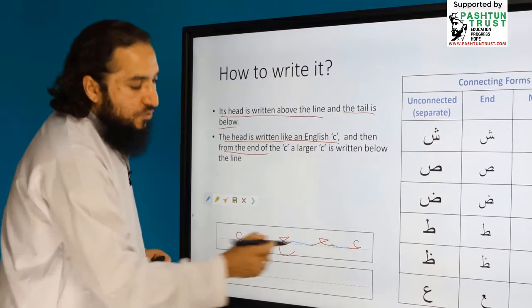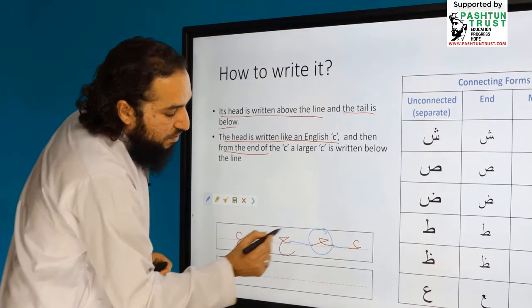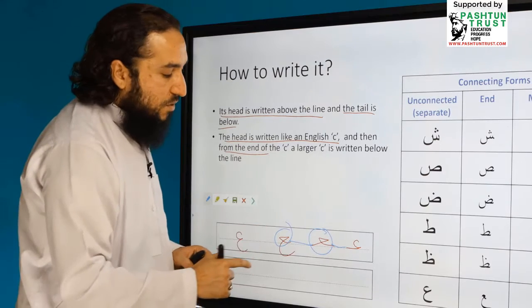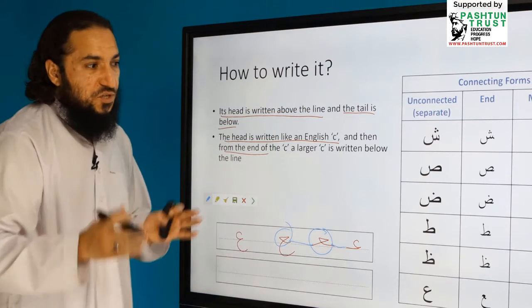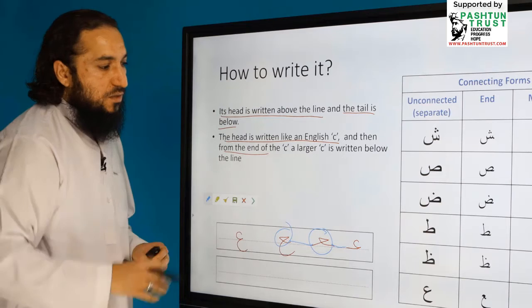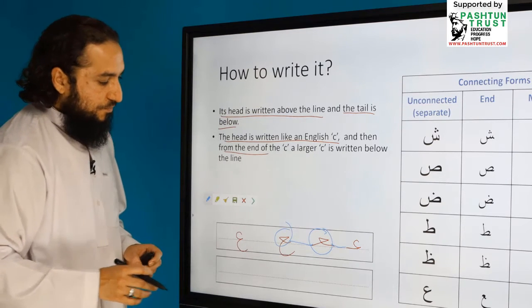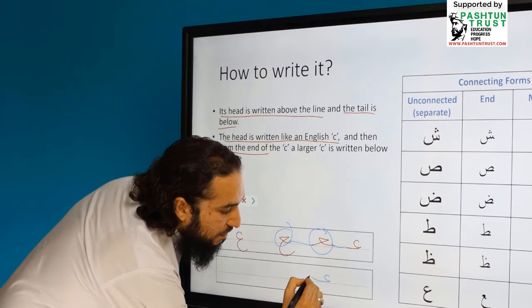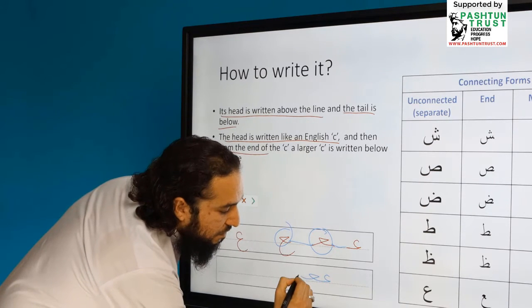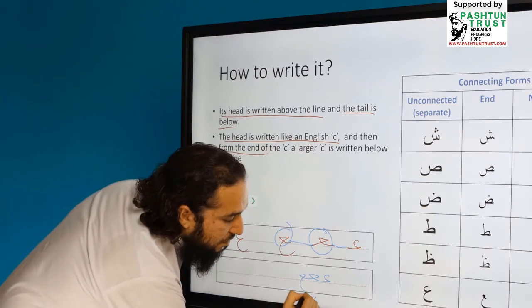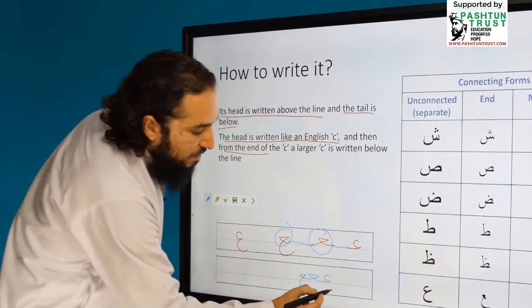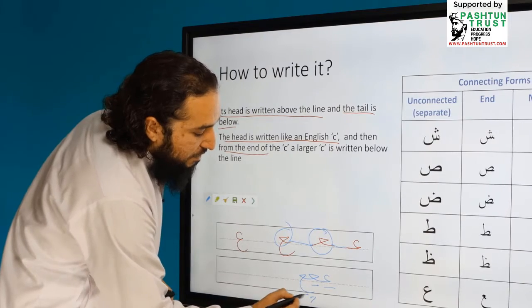You should remember all this in future, because you will see another letter similar to it, and you should be able to differentiate between them in real examples. How to connect it: write it connected like this, in all three ways, the beginning part, middle part, and the end part.